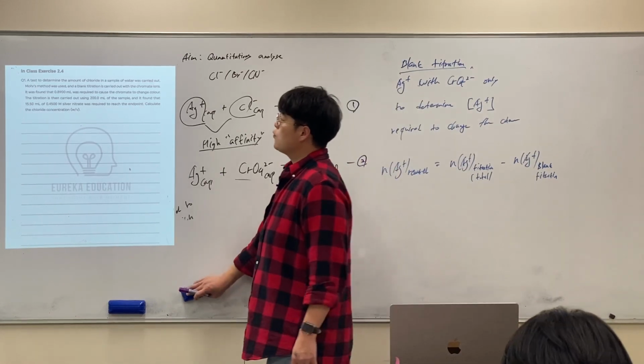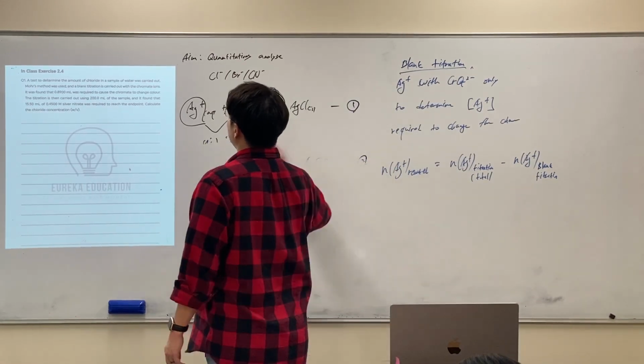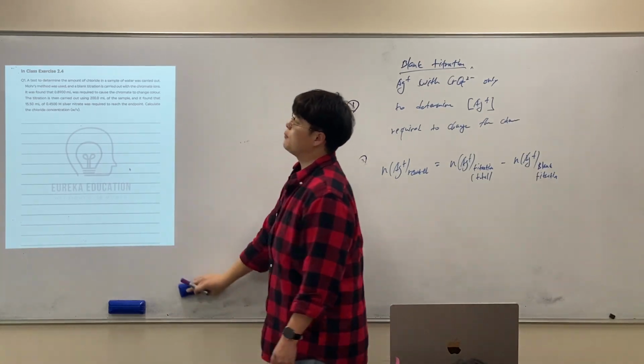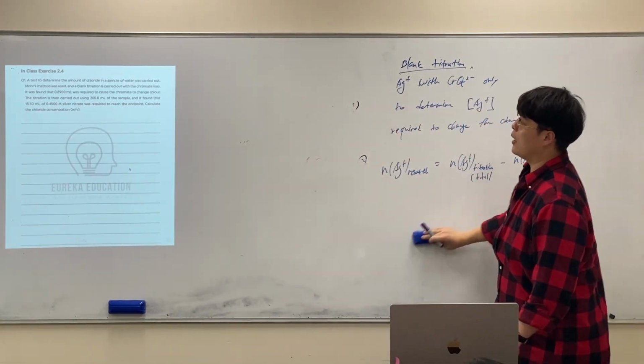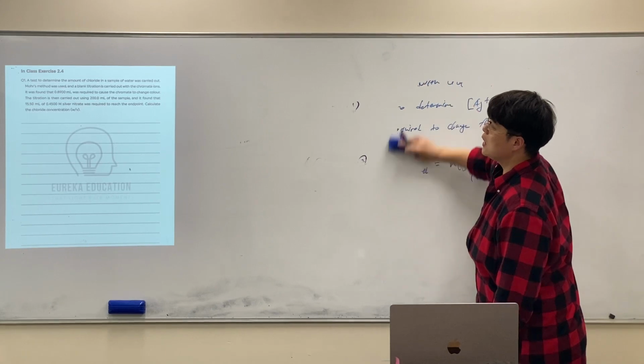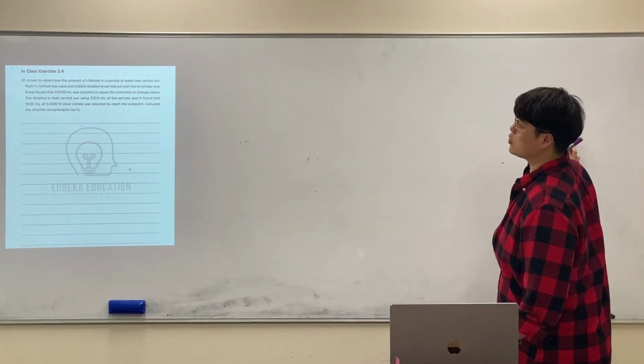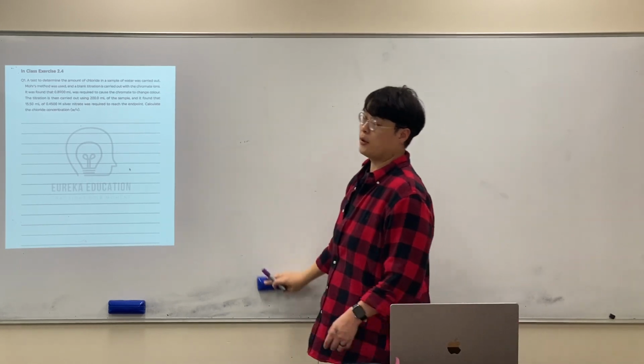A test to determine the amount of chloride in a sample of water was carried out. The Mohr method was used and a blank titration was carried out with the chromate ions. It was found that 0.89 milliliters was required to cause the chromate to change color.